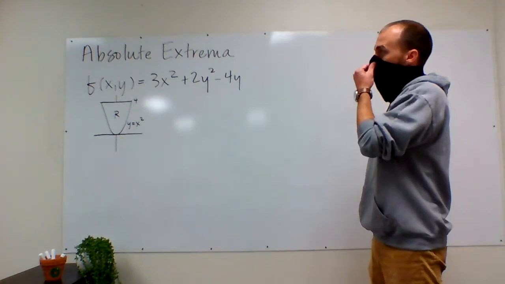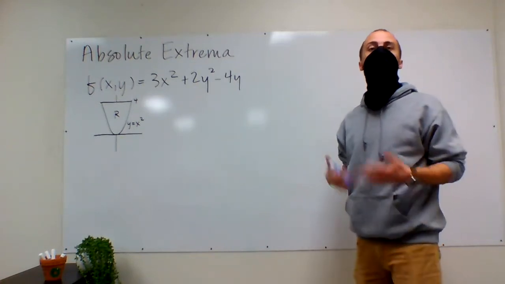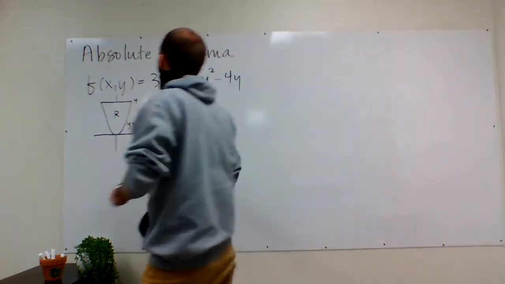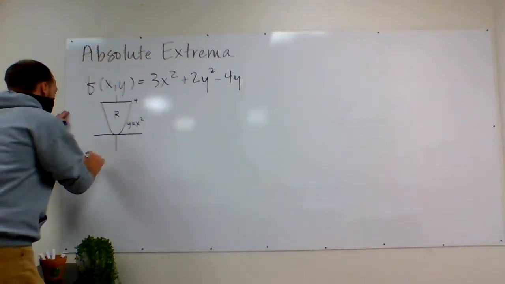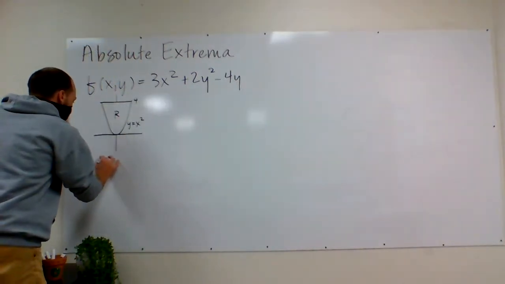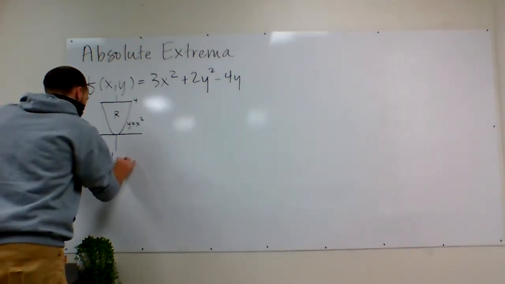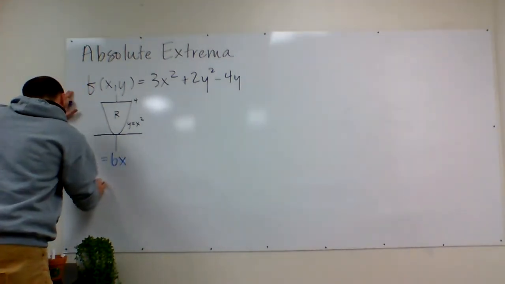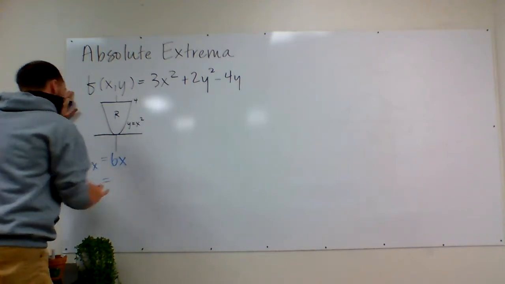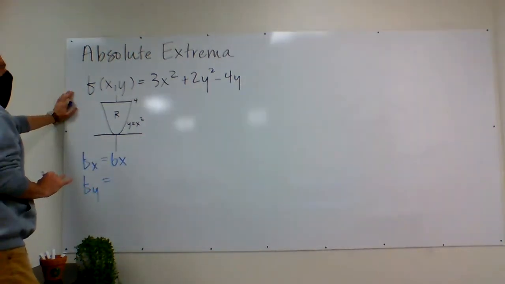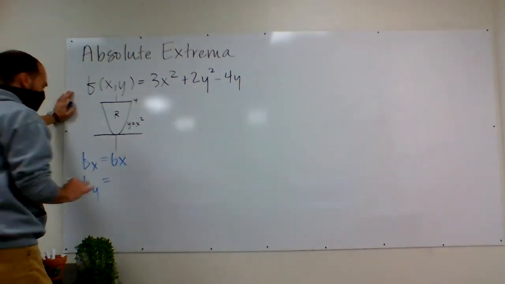So what I'm going to need is a list of our critical points. That involves getting the gradient, or just writing down all the partials. So fx is equal to 6x, and fy is going to be 4y minus 4.